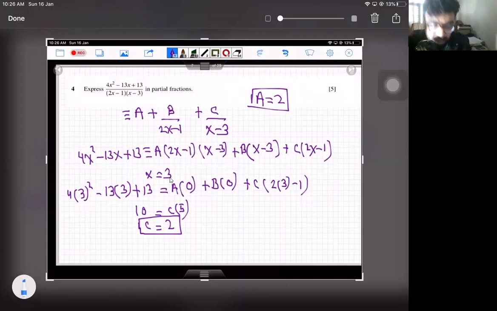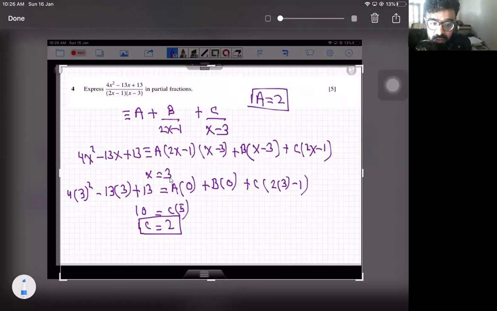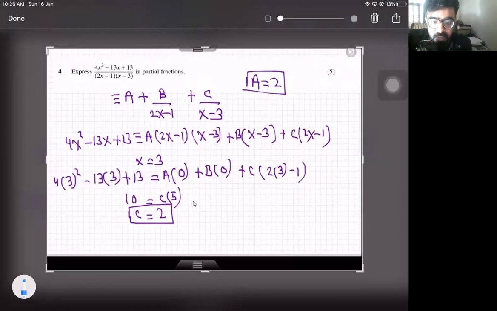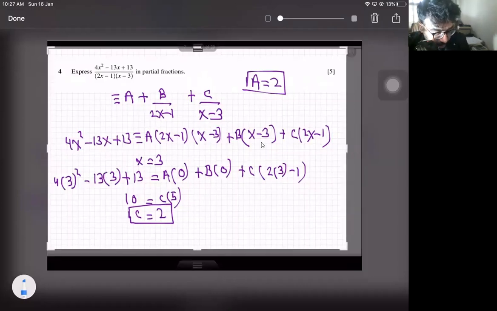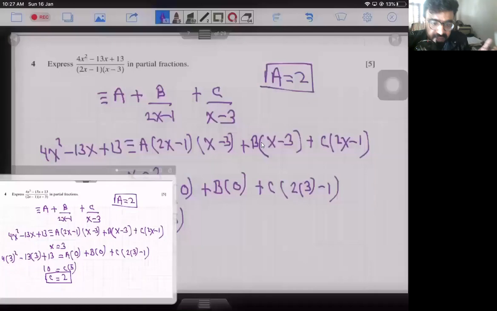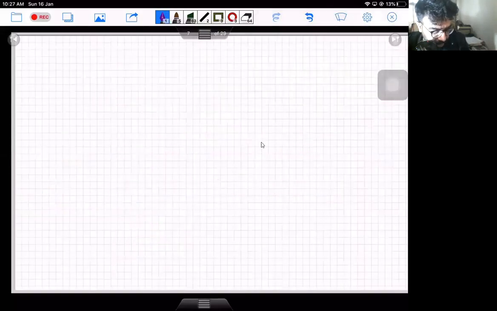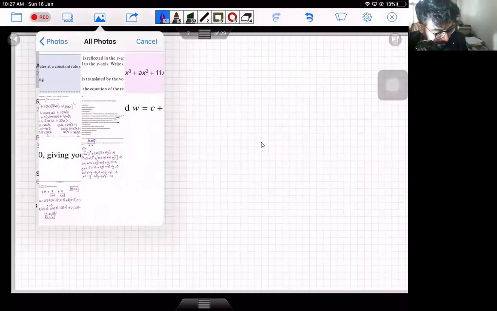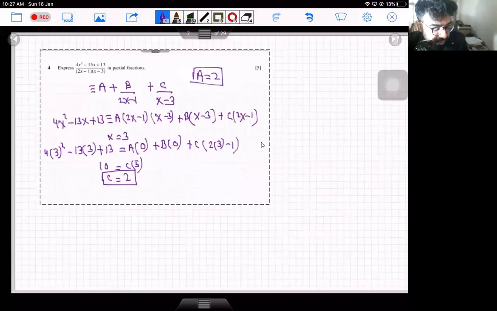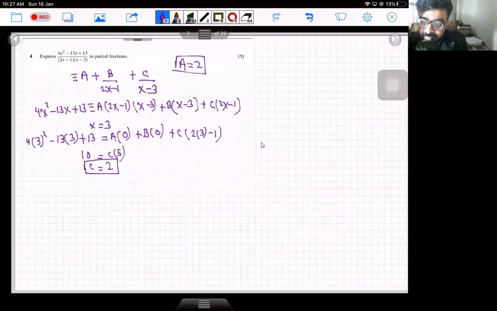If you substitute x is equal to 3 again, the same thing is going to happen, and you won't be able to find the value of b. So take such a value of x which is not used. The easiest thing is to take x is equal to 0. You can take any value of x. Even if you take x is equal to 1825, you will get the same value of b.